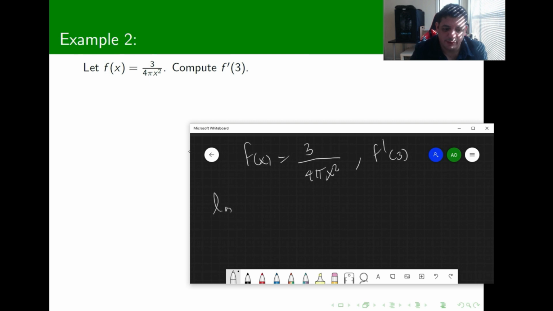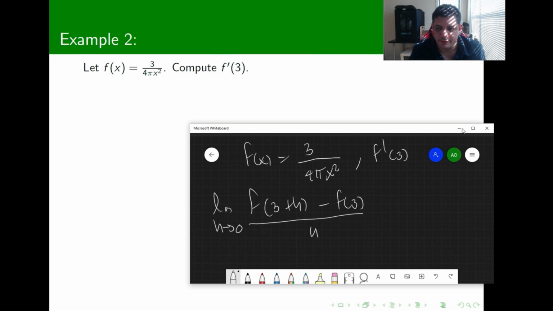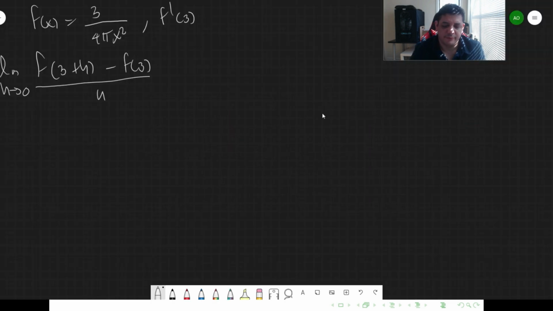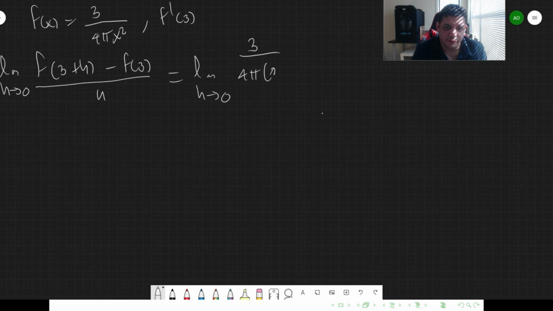So let's use the limit when h goes to 0 of f of 3 plus h minus f of 3 over h. Initially I go for the function 3 over 4 pi times 3 plus h squared, minus f of 3, which is 3 over 4 pi times 9.